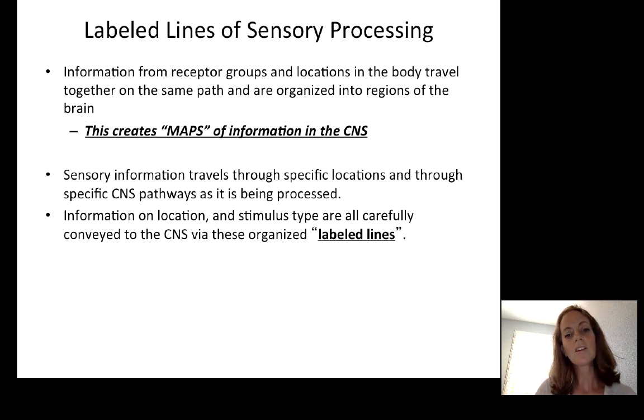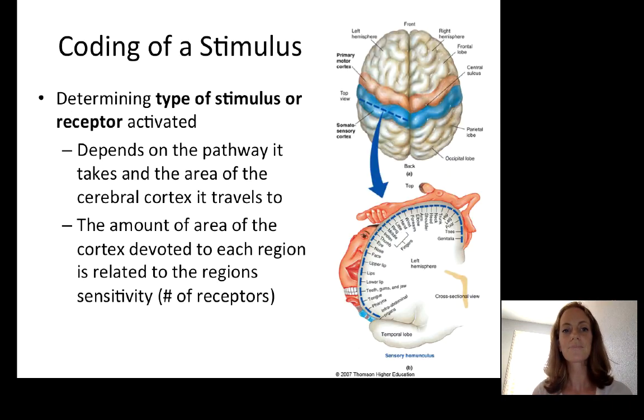So the information on the location and the stimulus type is preserved as these pathways travel. We call this labeled lines, such that at any point in the pathway you could stimulate or ablate some of these cells, and it would go to a specific location in the body. You would lose, for example, information on what is in the tip of your finger through any part of this pathway.